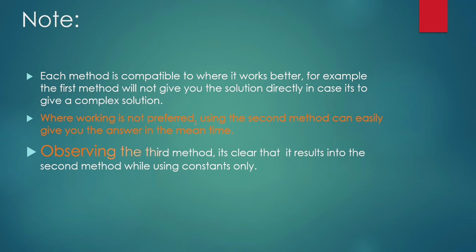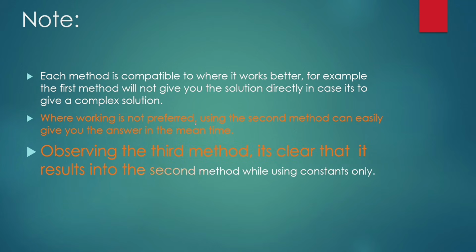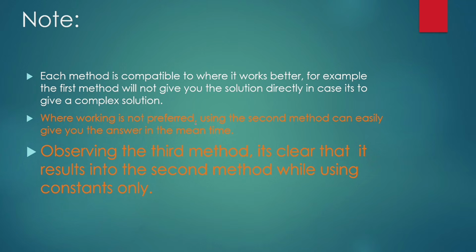Then observing the third method, it's clear that it results into the second method, while using constants only, or the variables like a, b, c there. If you just simplify it, it's what results into the second method we have described.